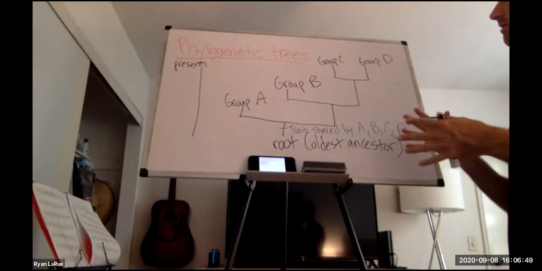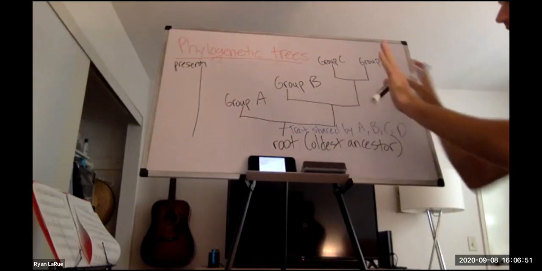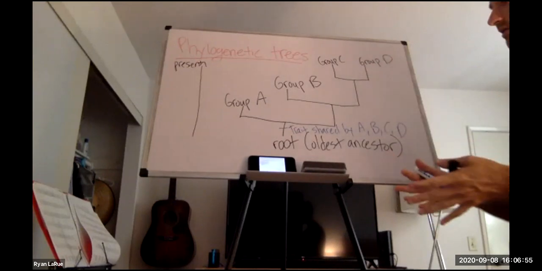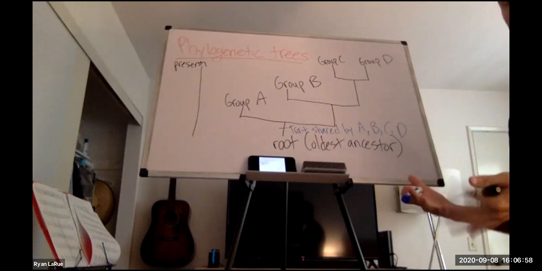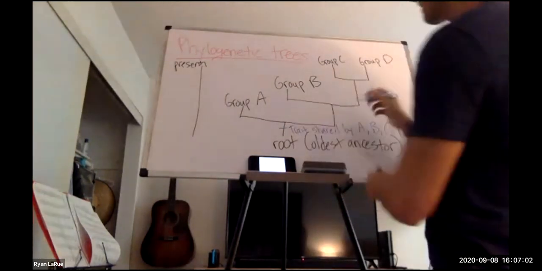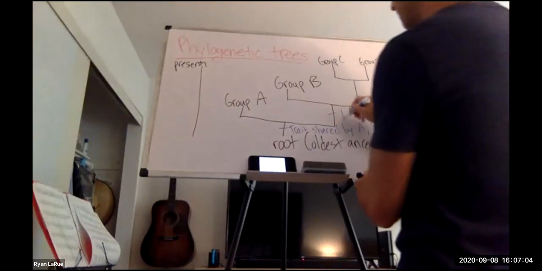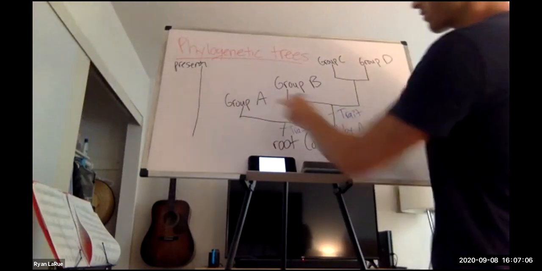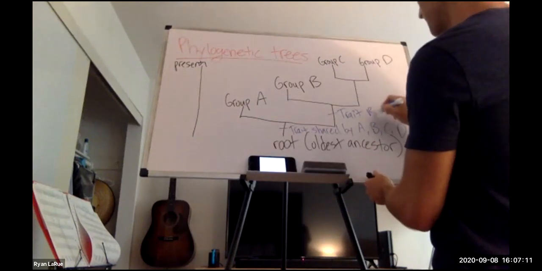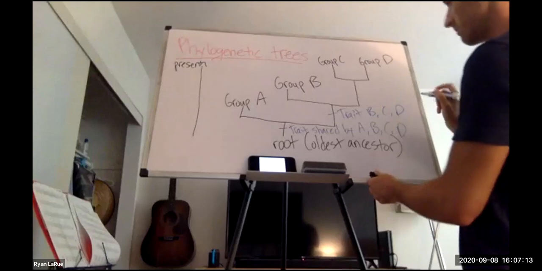But how they branch off and diverge like this throughout time and as species evolve, some traits are lost, some traits are gained. And so let's say this new trait emerges that a group of organisms, group A, does not have, but B, C, and D do.